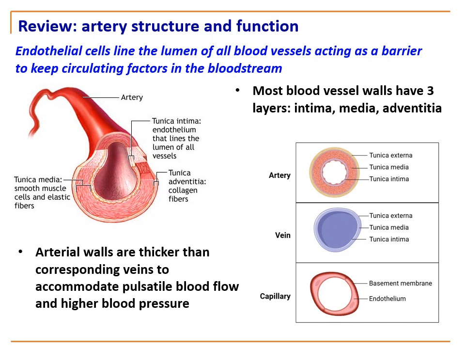So, like I said, we've got the three main types of blood vessels: your arteries, your veins, and your capillaries. And you can see that the arterial walls are much, much thicker. That's to accommodate that pulsatile blood flow and the much higher blood pressures due to the blood coming from the heart.